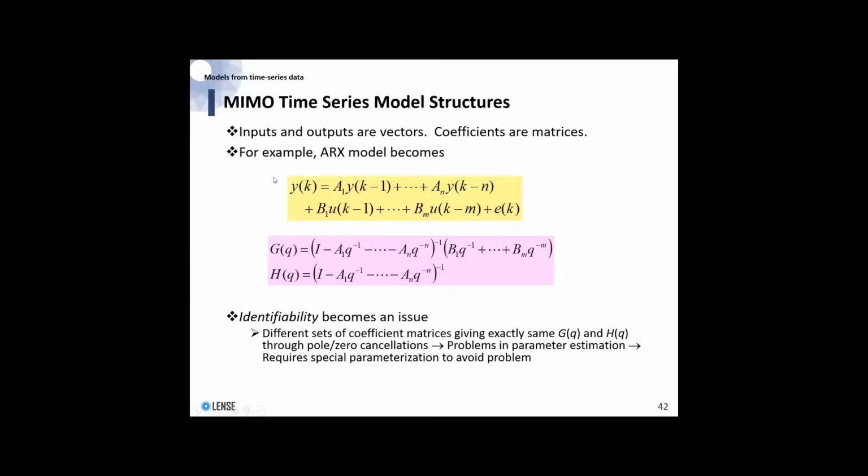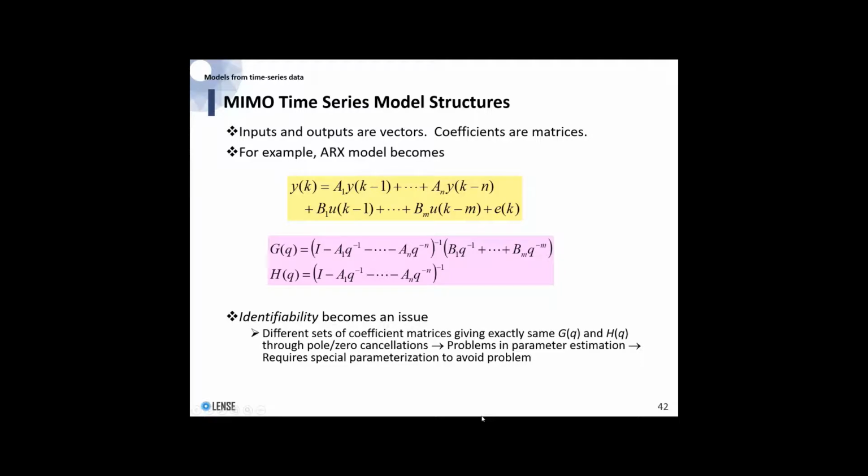Because when you start putting in a multi-output model, so now you say y1 is a function of not only past y1s, but past y2s, then it becomes a multi-output model. So this becomes a matrix now. This becomes a vector and this becomes a matrix. It's very tricky.